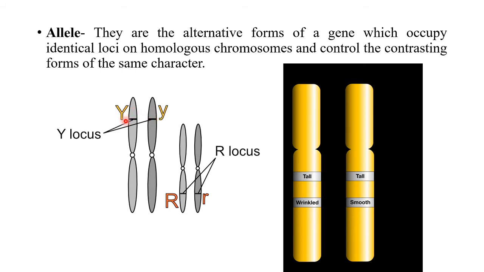allele. Suppose in this homologous pair, this locus is called the Y locus, and suppose this Y is for cotyledon color, capital Y for yellow cotyledon and small y for green cotyledon. So these homologous chromosomes contain the specific linear sequences for this cotyledon color.